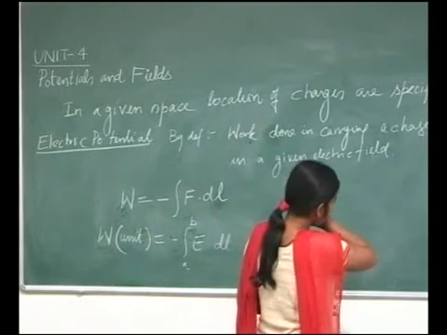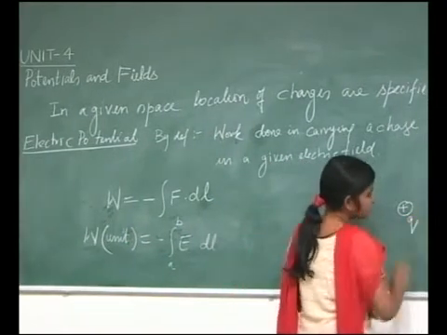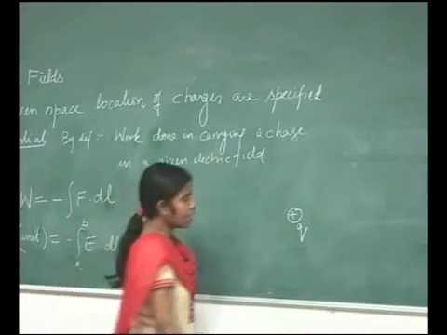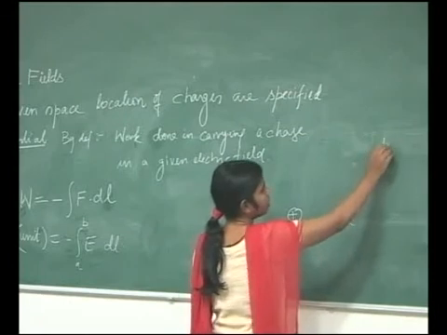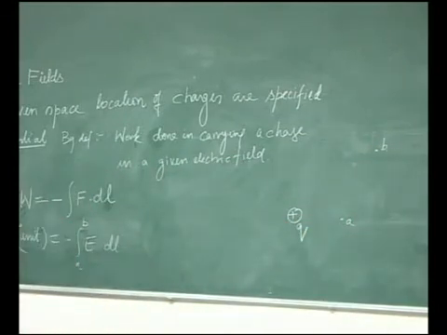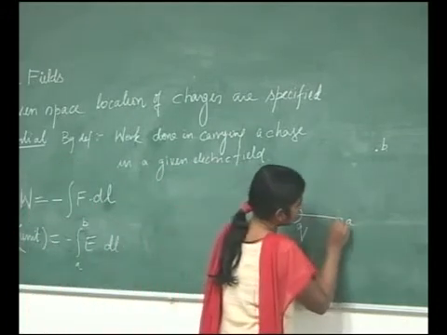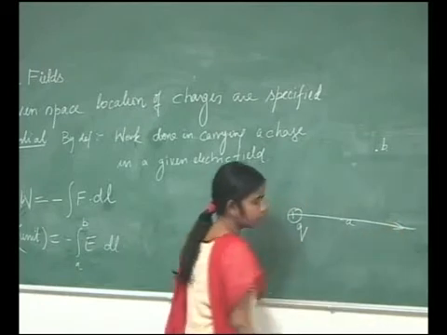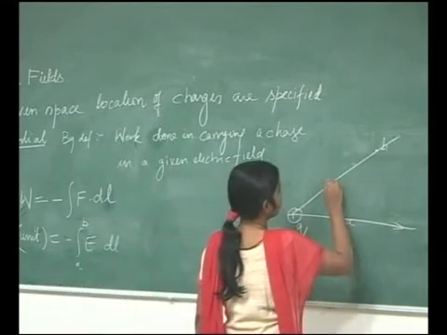let me have a test charge Q, okay, and I have to take it from, say, point A to point B, right. Now you see the electric field lines will be coming out of this charge like this.